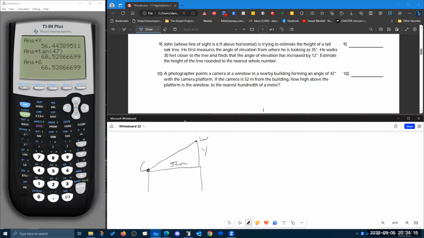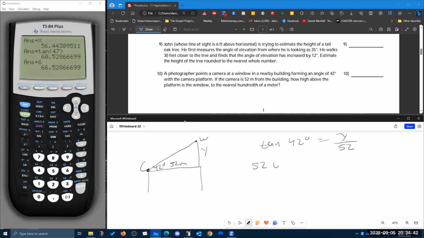So I want that side. It really doesn't tell me how high the platform is above the ground, and it doesn't matter. And the angle here is 42 degrees that the camera is looking up to the window. So we want tangent of 42 degrees is y over 52.